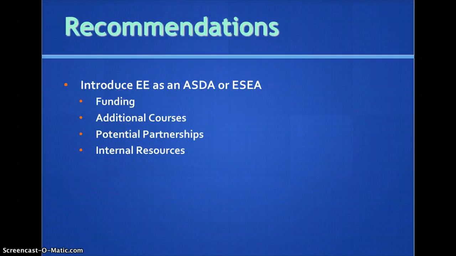We also just wanted to highlight some of the recommendations that we made. So you'll see a full document in the report that you receive from us, but just to outline that, our main goal was to have environmental ed introduced into the curriculum as an ASDA or an ESEA, and in order to do that, it needs 3 classes, and we were only able to do 1.